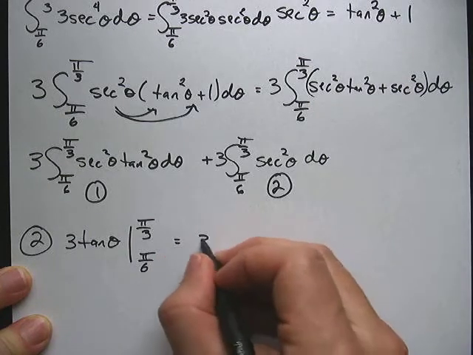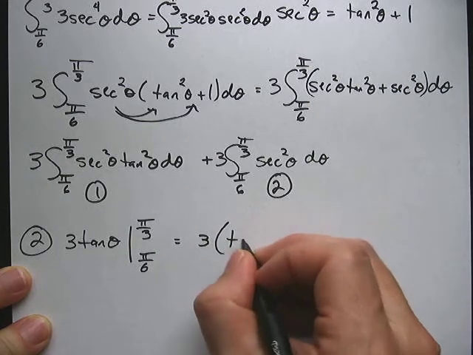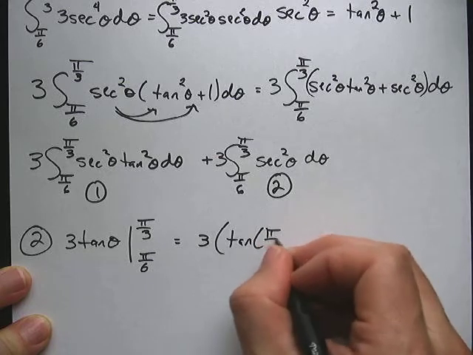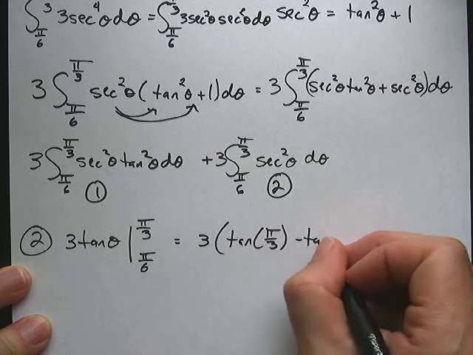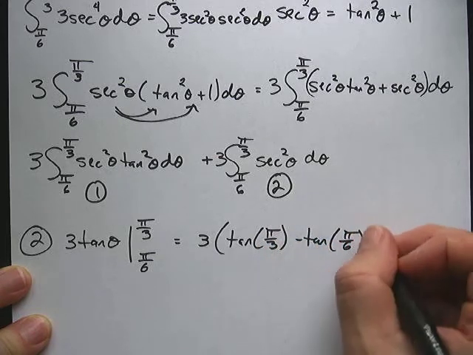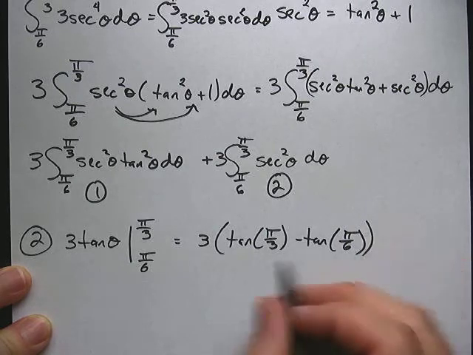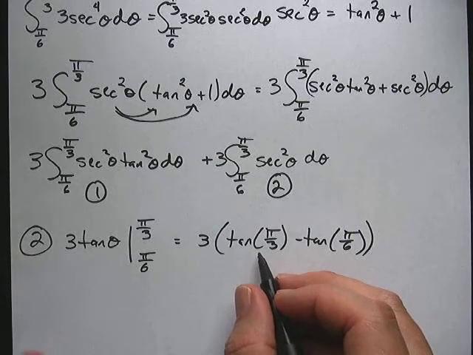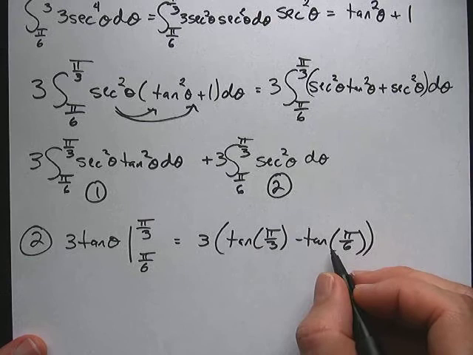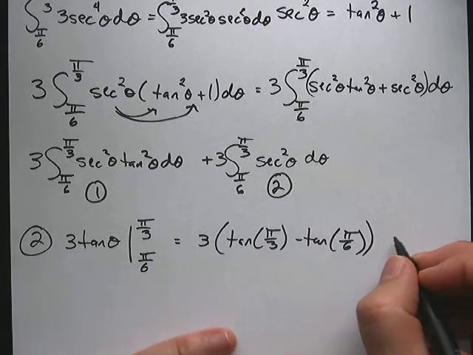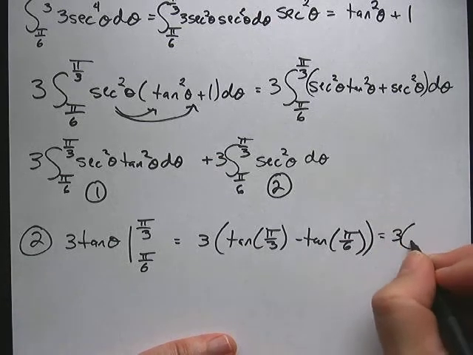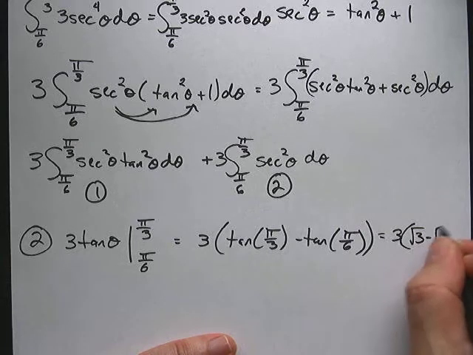Okay, and we plug in the limits. 3, put the parentheses, tangent of pi over 3 minus tangent of pi over 6. Okay, and tangent of pi over 3 is root 3, and tangent of pi over 6 is root 3 over 3. So this becomes 3 times root 3 minus root 3 over 3.